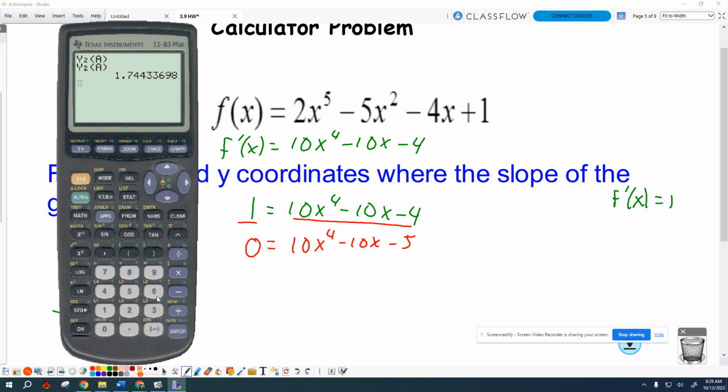And I can do second enter, bring it back, and tell me the y value at B. What was that x value again? Right there. So the coordinate negative 0.456, comma 1.744. How stupid is this? Because that will disappear in a second.